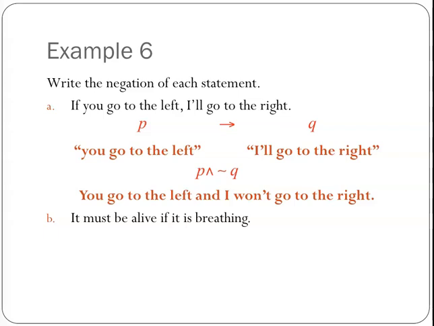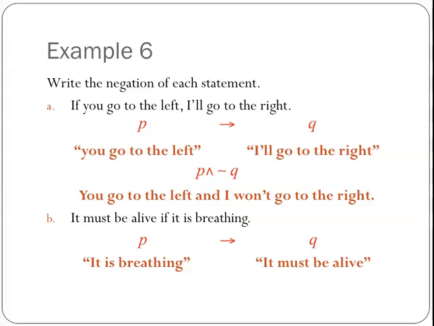All right, the second one, it must be alive if it is breathing. Okay, this one's a little bit trickier because the if and then part, if you're kind of looking for the antecedent and consequent, has been switched up a little bit. So it looks like we have it is breathing, right? If it is breathing, that's your antecedent. Then it must be alive, right? So just make sure that you pay close attention to where the if statement is, where the then statement is. Not necessarily will it be written as if then.